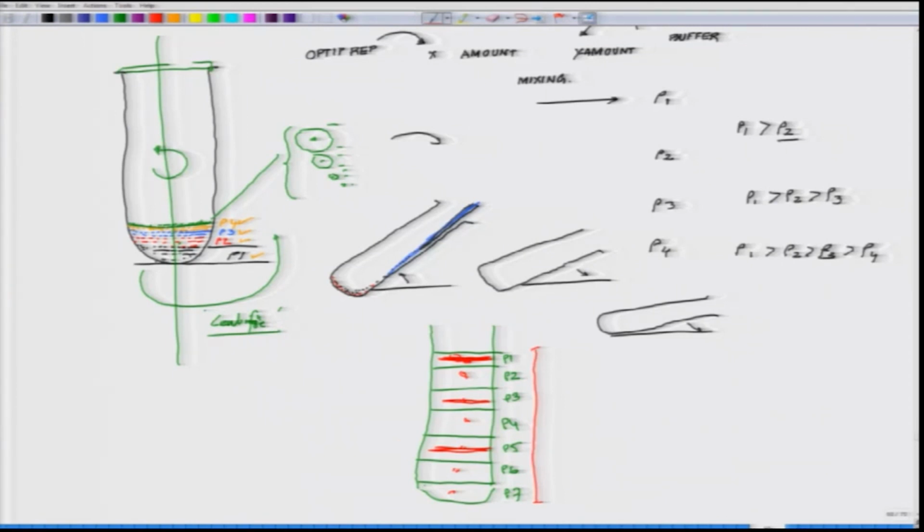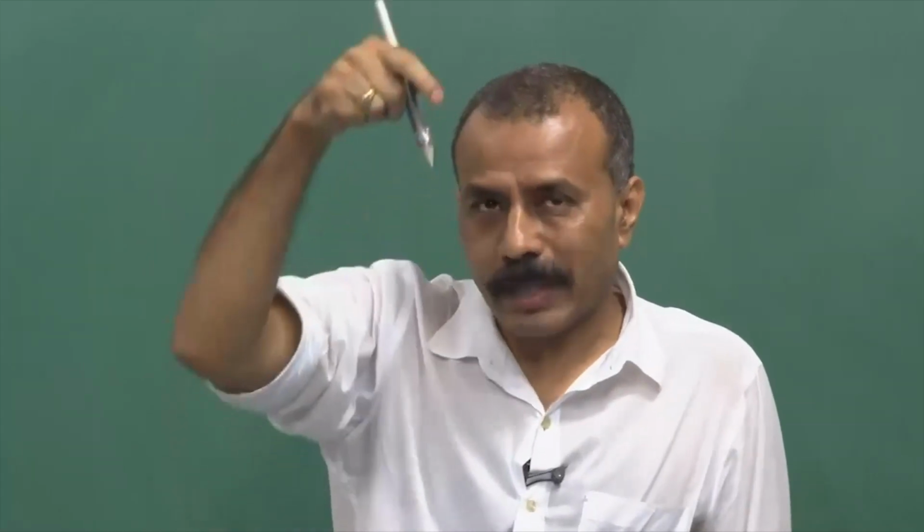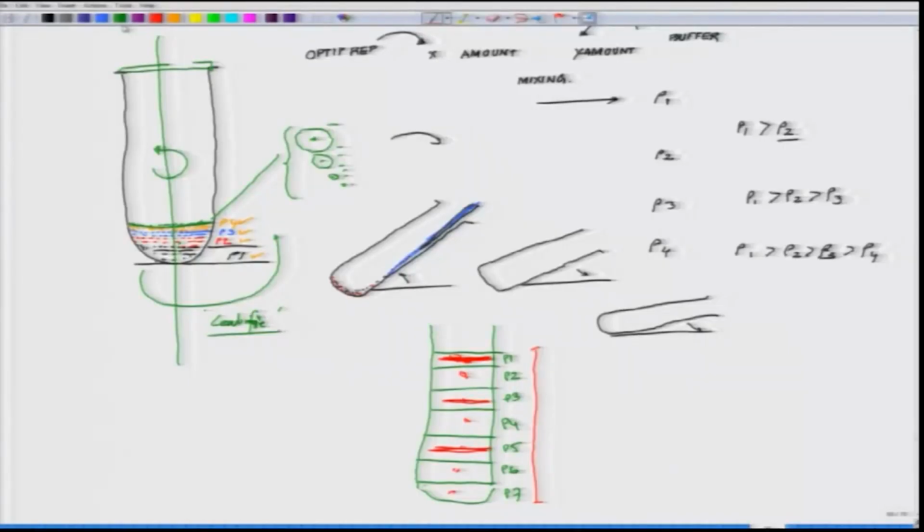Now, you need something very similar to a Hamilton syringe, which is used in biochemistry labs. It's not really Hamilton, but something of that sort, where you bring it close in and pull out that band into a separate test tube.